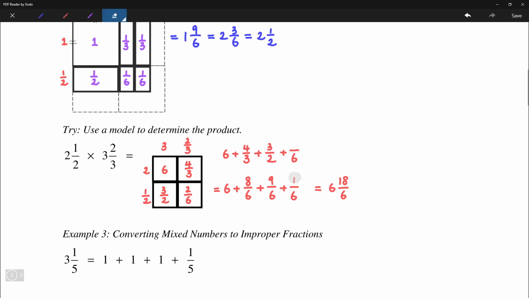Sorry about that, error on my part. It's 2 over 6. Right, so it actually adds up to 6 and 19 over 6. That's better. So once we write this into a proper mixed number, we actually get 9 and 1 over 6.